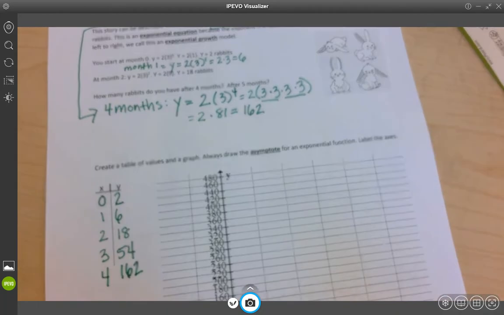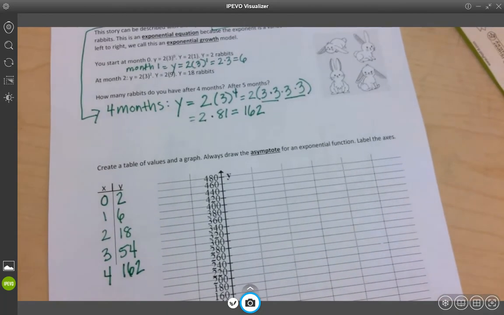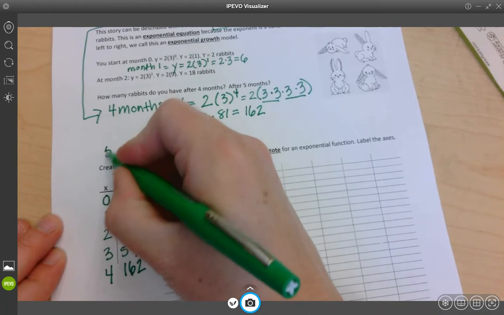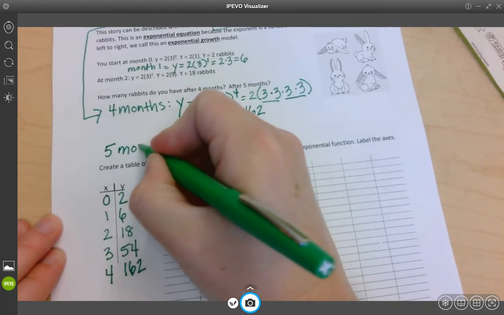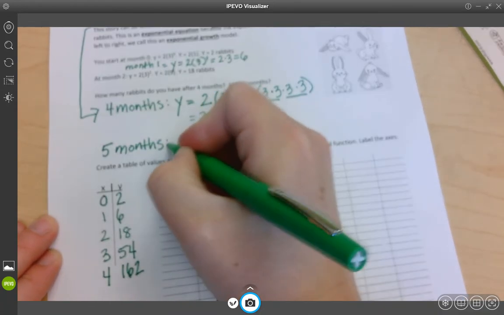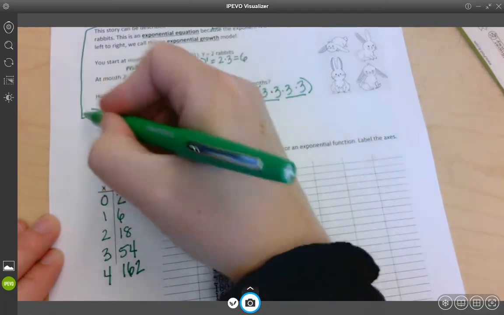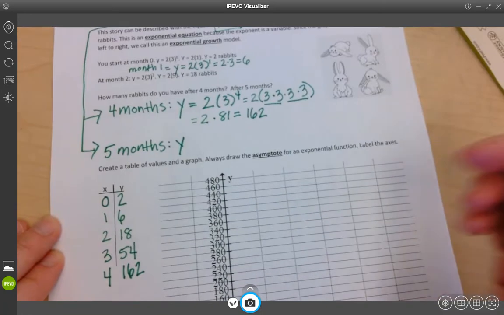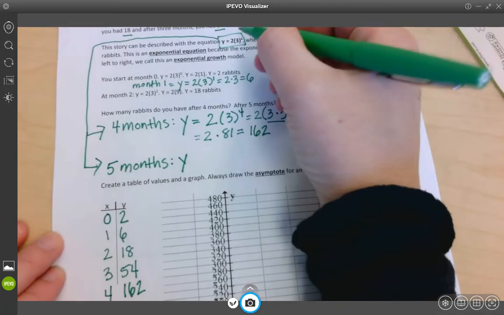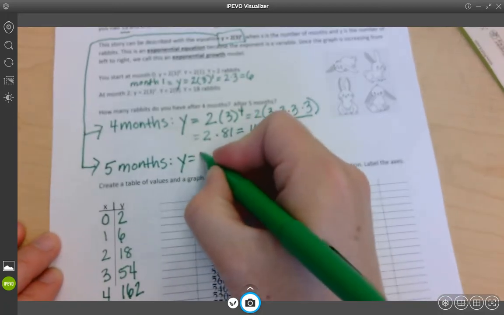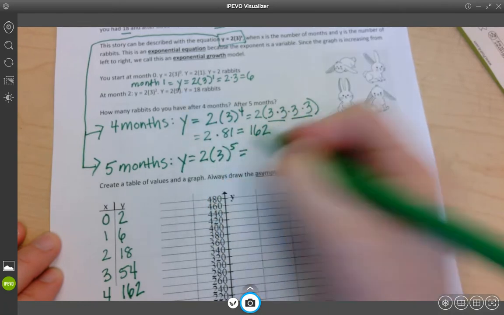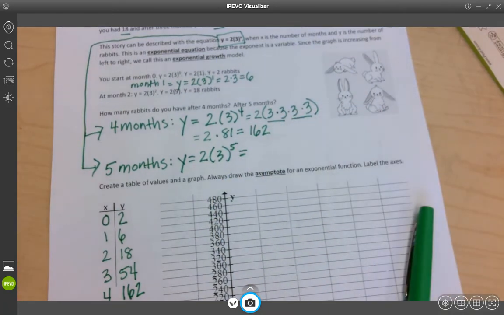I do not even want 162 rabbits. All right, and now I'm going to do 5 months. Still using the same equation, which is this one right here. So I put the 5 for the x in the exponent up here. 2 times 3 to the 5th. Now you can do it by hand, but you can also do it on Desmos.